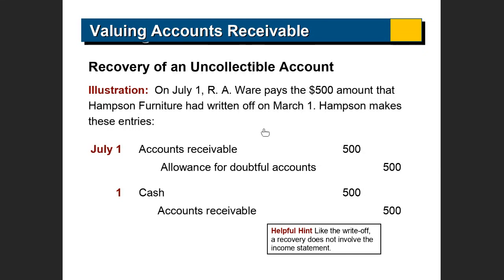When it happens, you reverse the write-off. So you put that back in allowance and you create the accounts receivable back again, and then you debit cash and you credit accounts receivable. So you reverse the first entry of write-off and then you record a normal cash and accounts receivable entry because you received the amount. Is that clear?